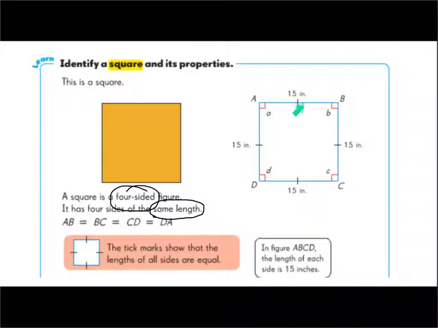This tick mark in the middle shows that all of these sides are the same length. So even if it looked like this, we would know that all of the sides were 15 inches because this one is labeled 15 and then there's a tick on all of the other sides.